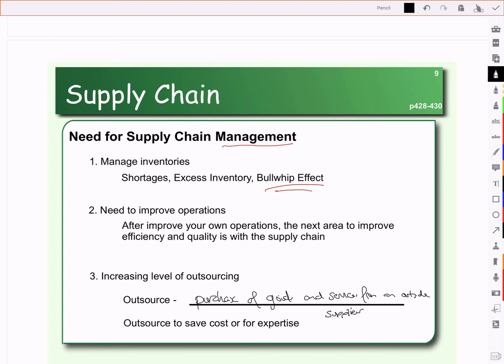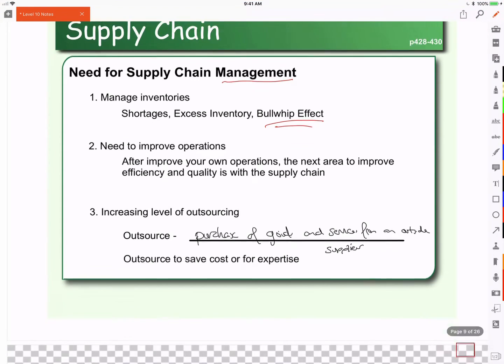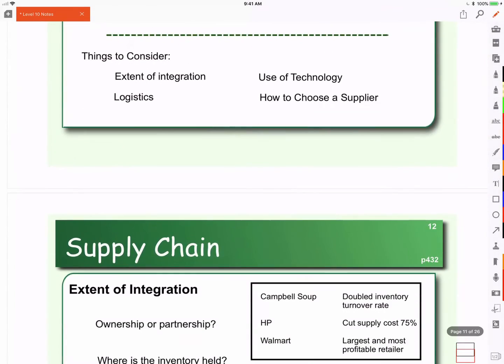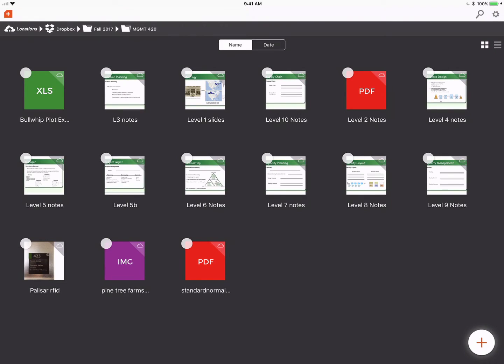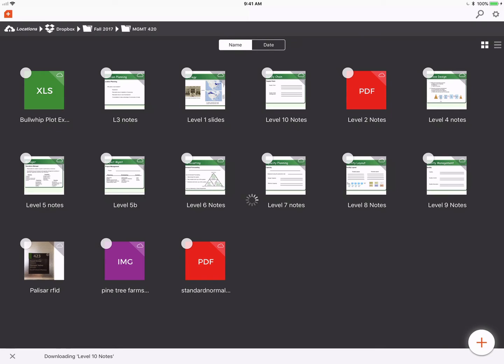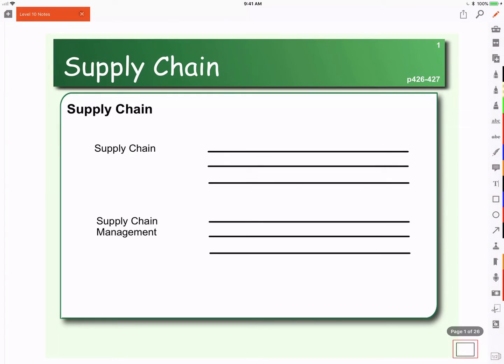So we need to decide, when do we outsource? So let's look at an example. So let's suppose you run a school cafeteria.